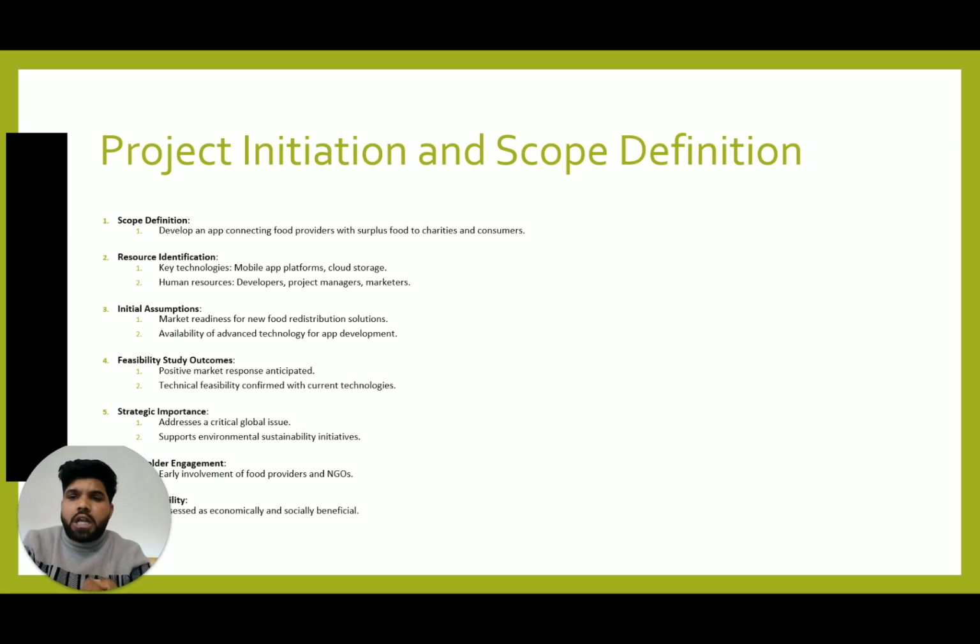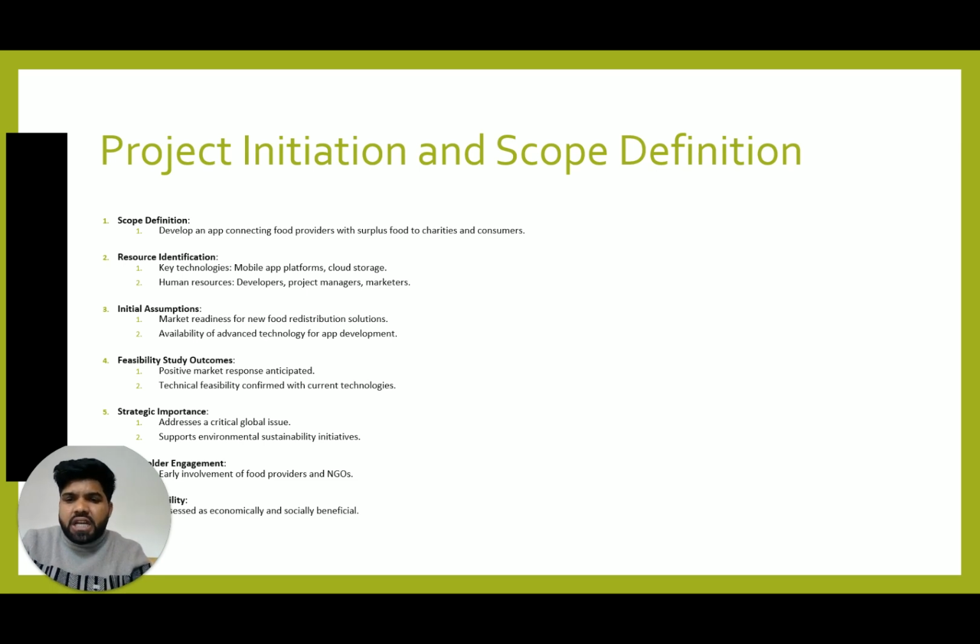The third one is initial assumptions. The first is market readiness for new food redistribution solutions. The second is availability of advanced technology for app development. The fourth is feasibility study outcomes. The first is positive market response anticipated.